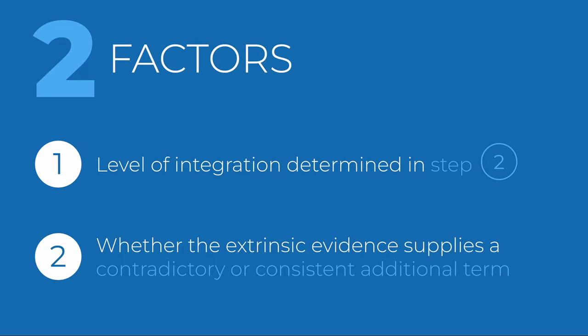But we're also going to look at this extrinsic evidence. All we mean by extrinsic evidence is that we like to use really big words. But it also means just outside of the written agreement.